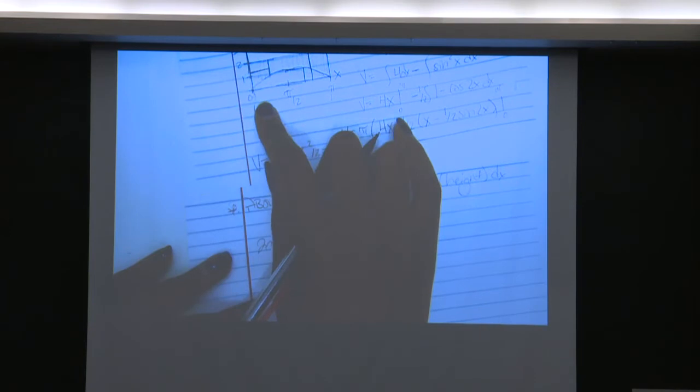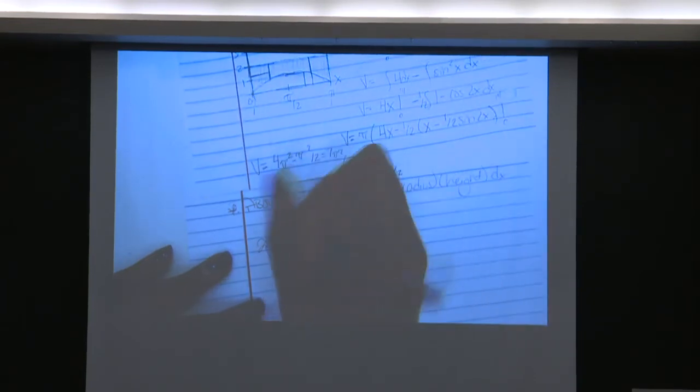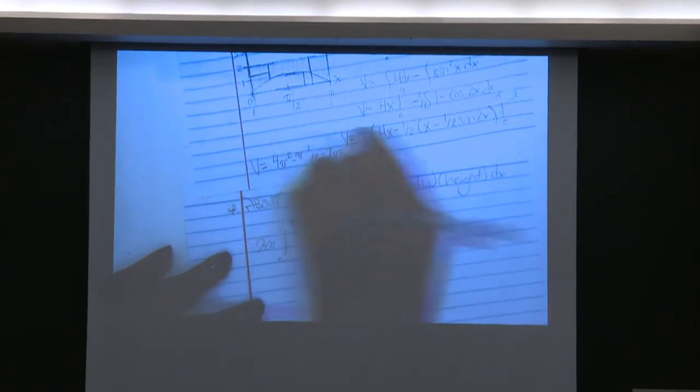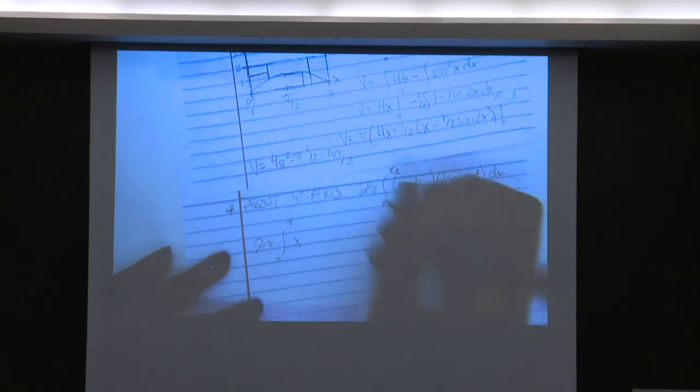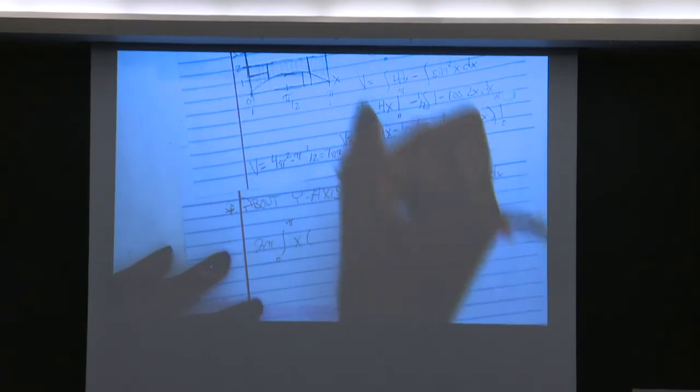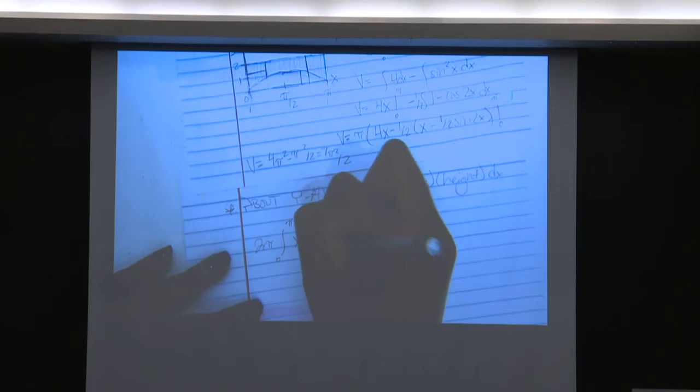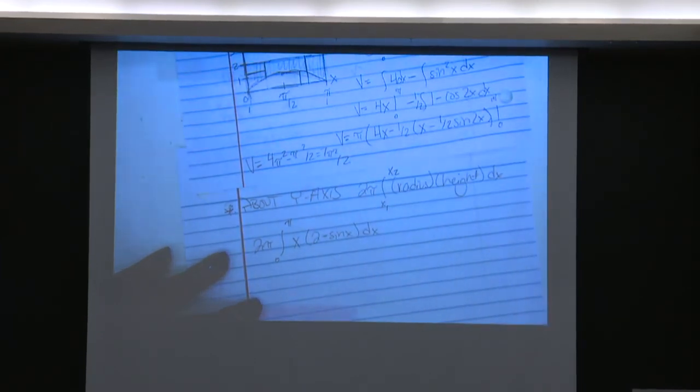My x's continue to be 0 to pi because, as I said, my integral is in terms of x, times what our height was, 2 minus sine x, dx. Okay? And then we just go through and simplify.